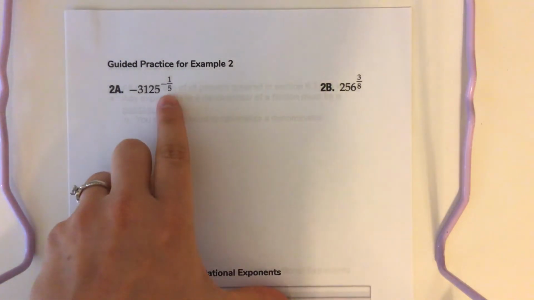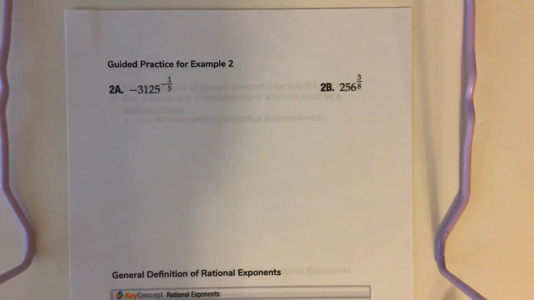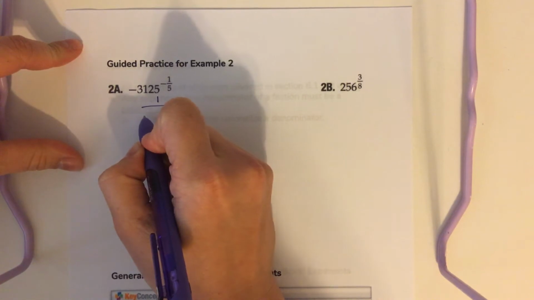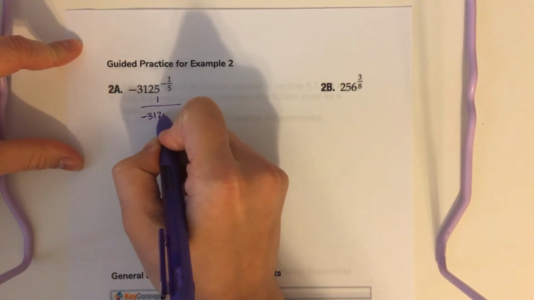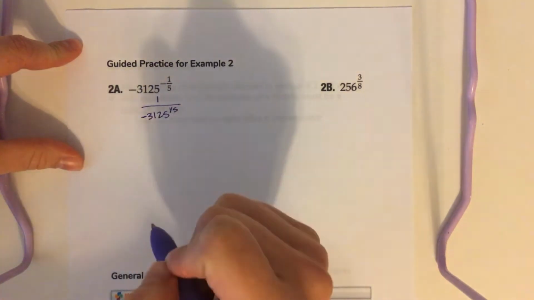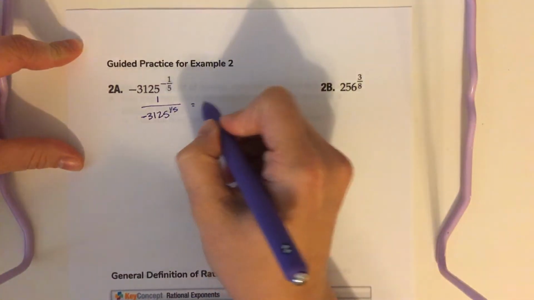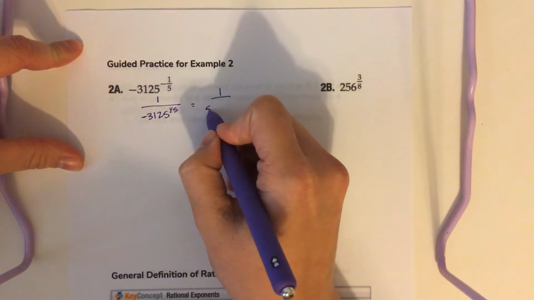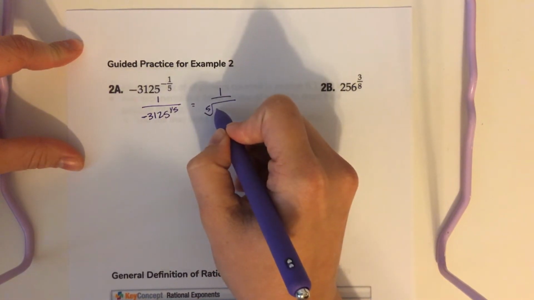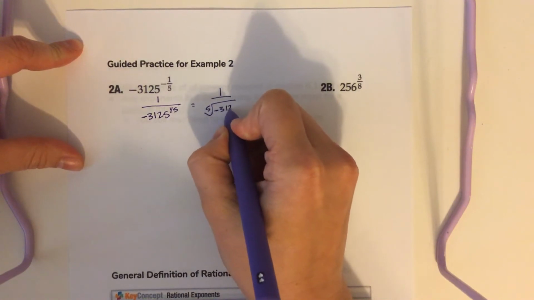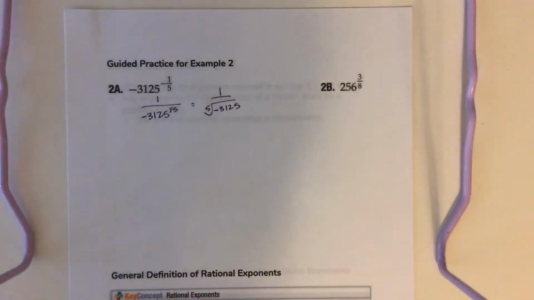Okay, so I have a negative exponent here, so I'm going to go ahead and make this a fraction and make it 1 over negative 3125 to the 1/5 power. Well, I know this 1/5 power is actually the 5th root, so this is just 1 over the radical with our 5 on the outside, negative 3125 on the inside.